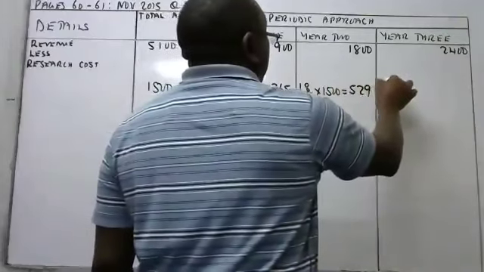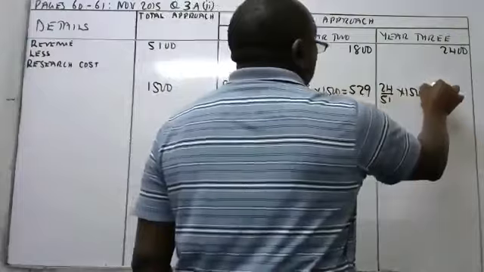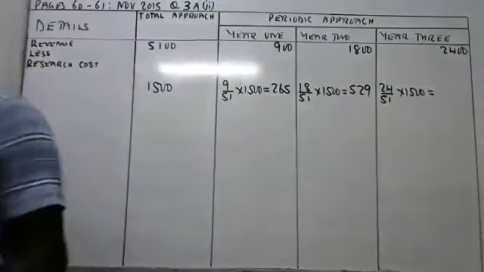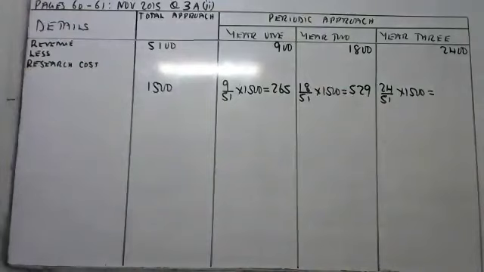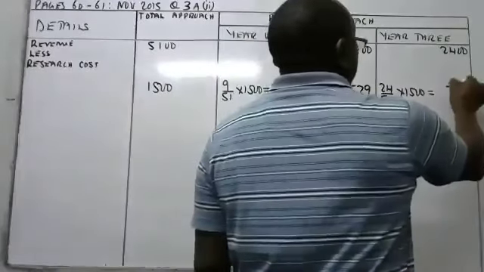Then 24 out of 51 times 1500. For this one you subtract the other two from 1500, so that we ensure exactly they go back to 1500. That is 706.